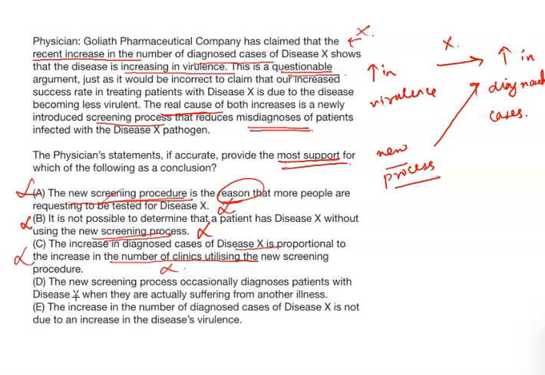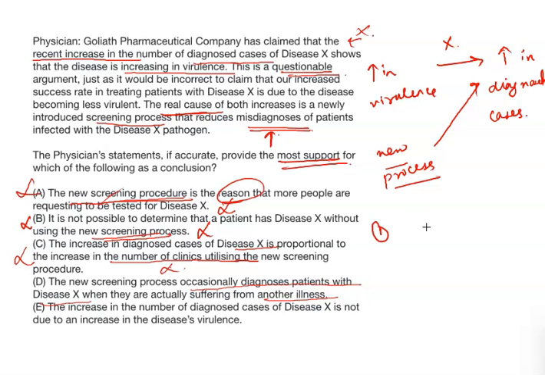Option D says, the new screening process occasionally diagnoses patients with disease X when they're actually suffering from other illnesses. Now the passage is saying that the new process reduces misdiagnosis. Misdiagnosis is a wrong diagnosis, right? And a wrong diagnosis can happen in two ways.